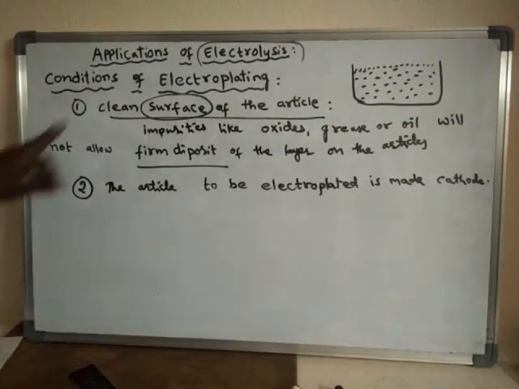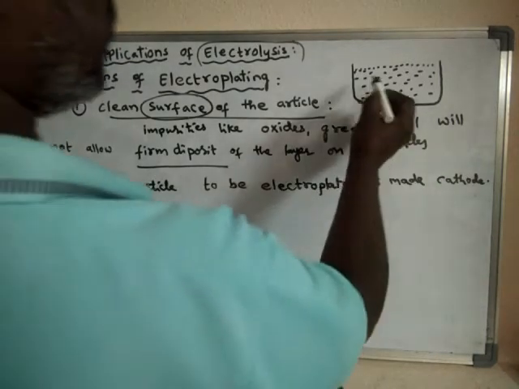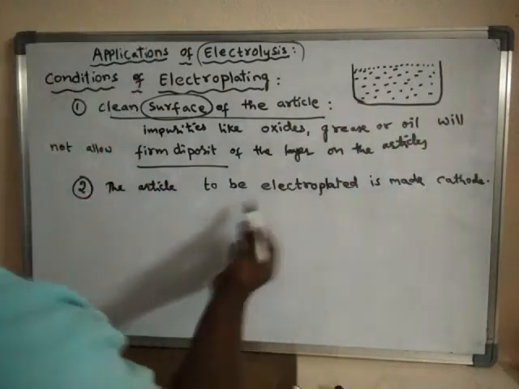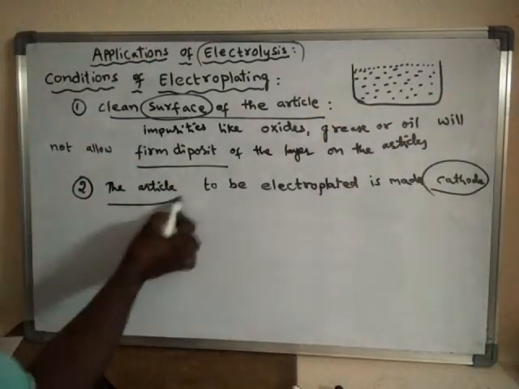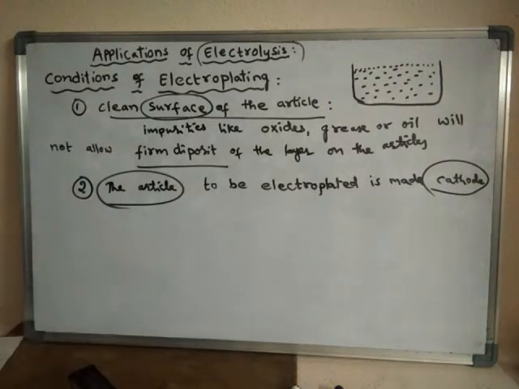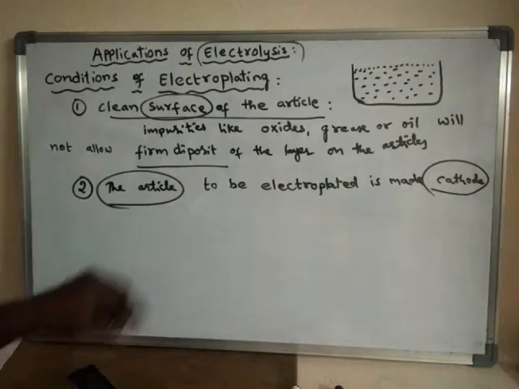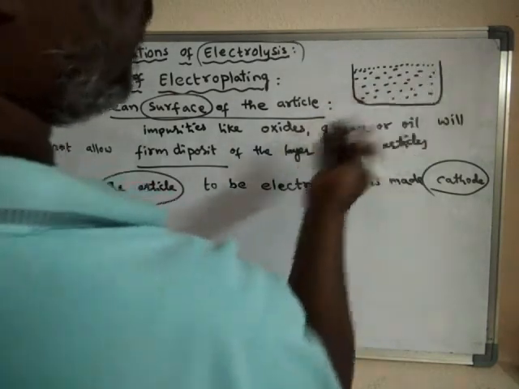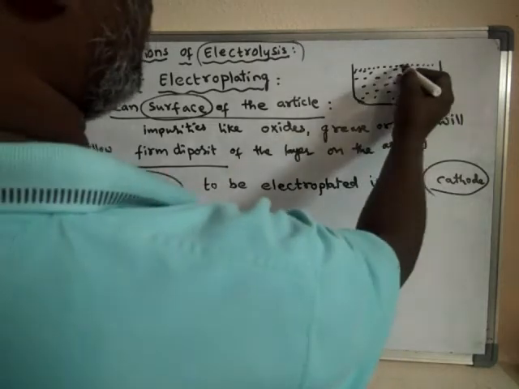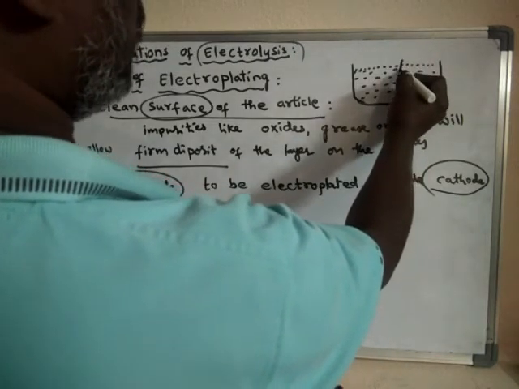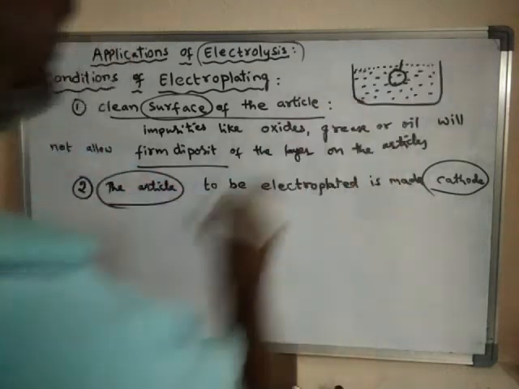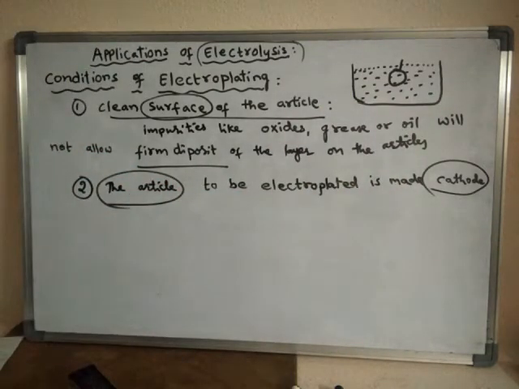In the electroplating technique there are two electrodes, one is the cathode and the other is the anode. The cathode is nothing but the article on which we are going to electroplate. So that article is treated as the cathode. For example, if you take a cup or any metal, or a ring, let us assume a copper ring.